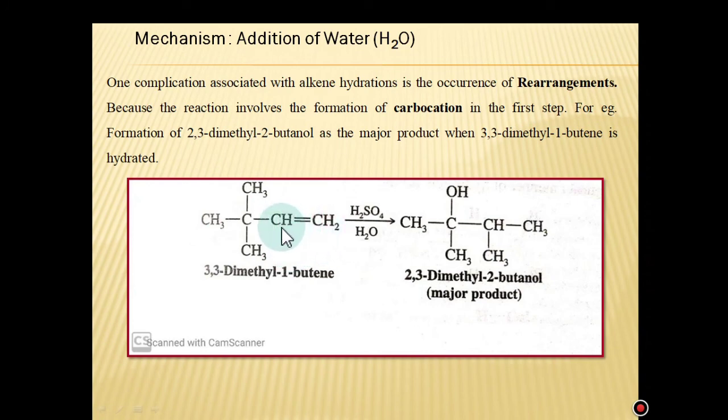As a simple rule, HOH addition would take place here. If water adds on that carbon and that carbon, this product would not be expected. But here, this product is the major product. The reason is that the carbocation undergoes rearrangement. A secondary carbocation is formed, and due to shifting of this methyl, a tertiary carbocation is formed.